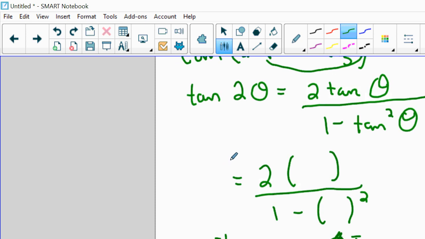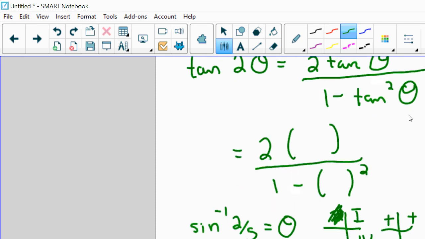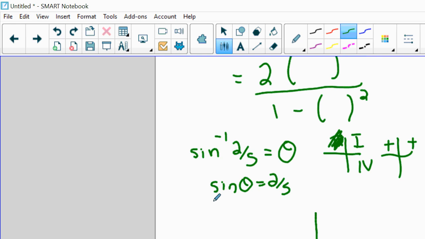And I was wrong. Inverse sine only makes sense in the first and the fourth. Sine is positive in the first and the second. Therefore, we're in the first. Draw a corresponding triangle. You draw it in the first.